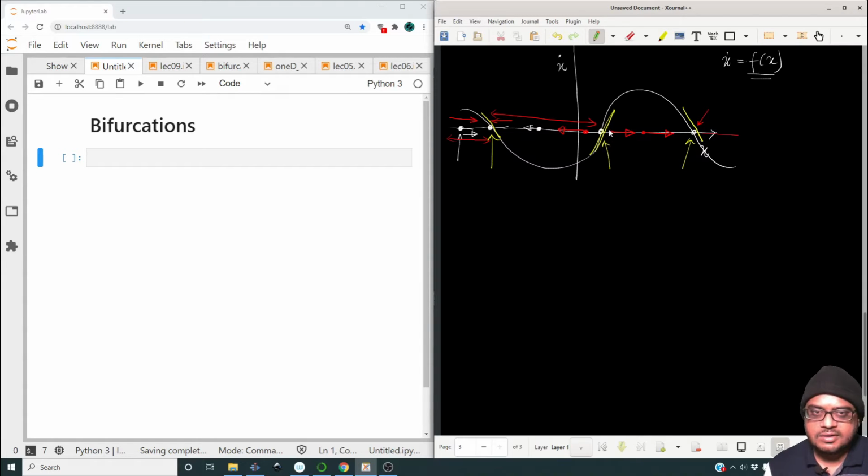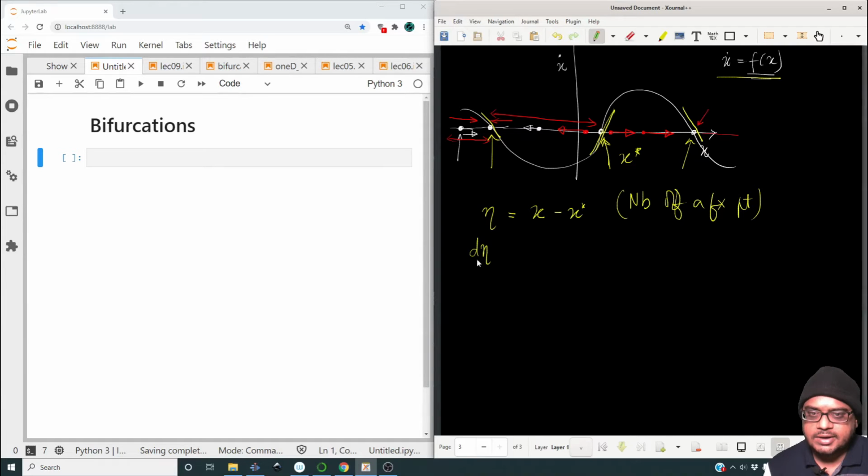So let us consider the behavior of this equation near a fixed point. Let us denote the fixed point by x star. Let us consider the behavior of the difference of x from x star, eta, that is the behavior of x in the neighborhood of a fixed point.